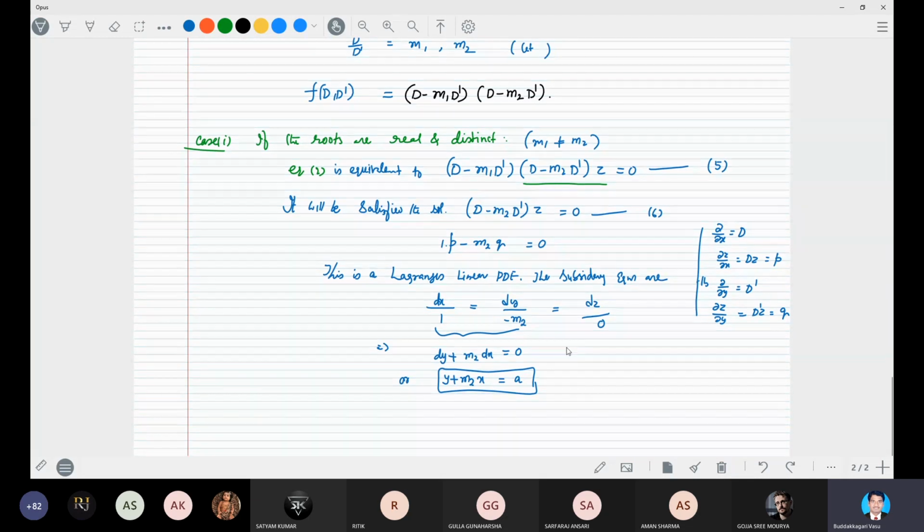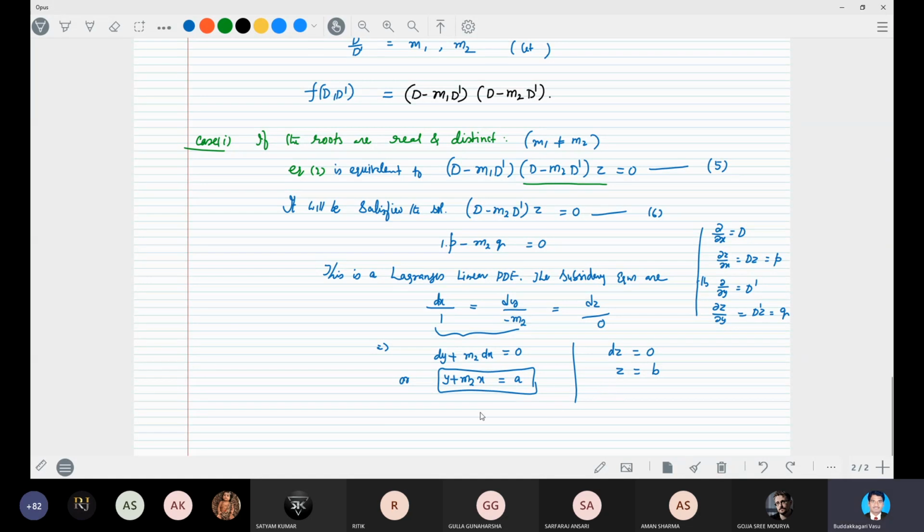Then next again, we will take any first or last, or second or last. We get dz is equal to 0, or z is equal to some constant b, right?